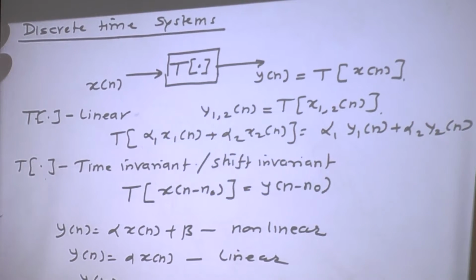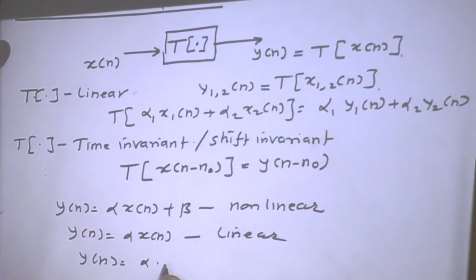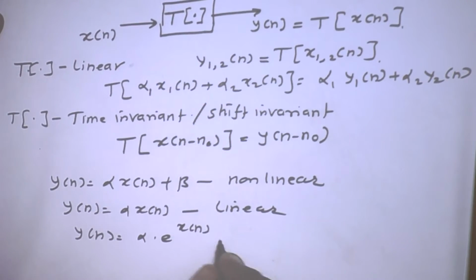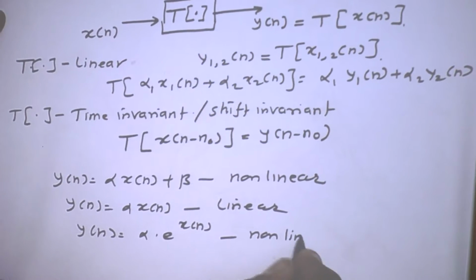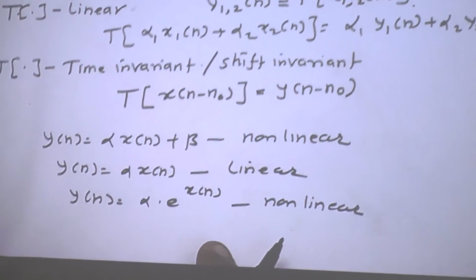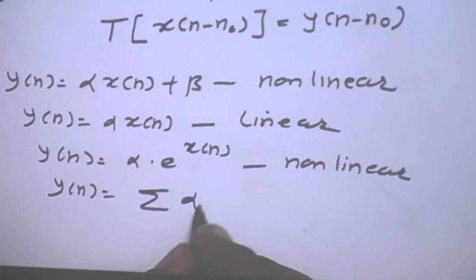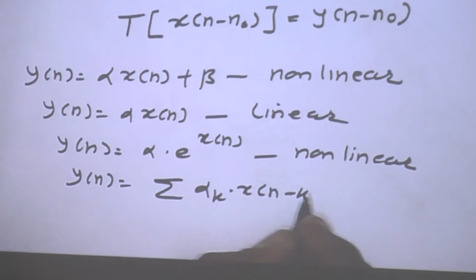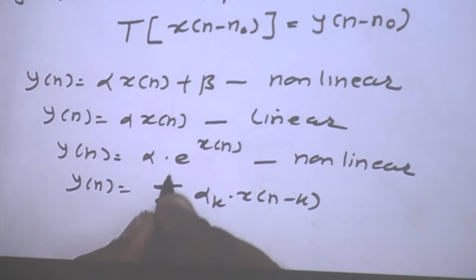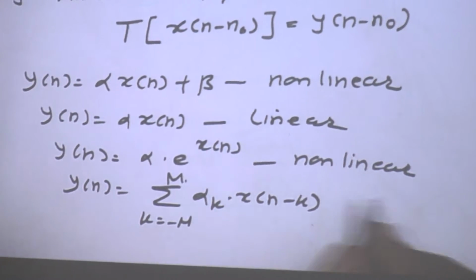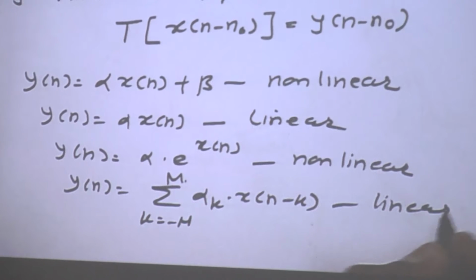Y of n is equal to alpha times e to the power x of n is going to be non-linear. Y of n is equal to summation of alpha k into x of n minus k, k going from minus m to plus m, where m is constant, is going to be a linear system.